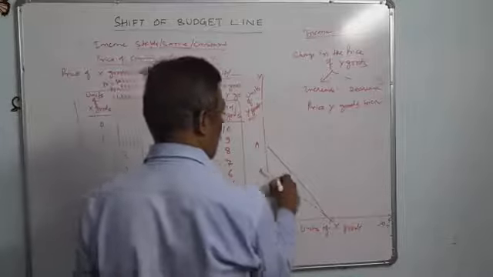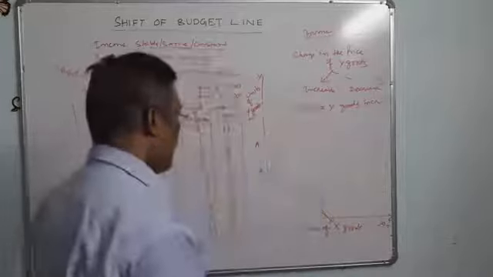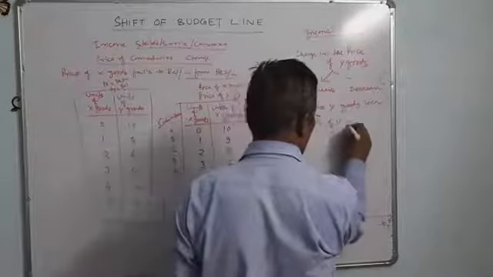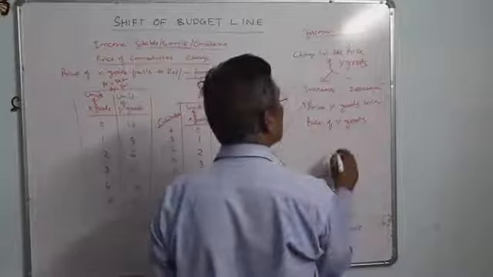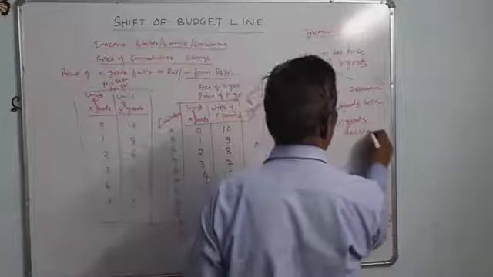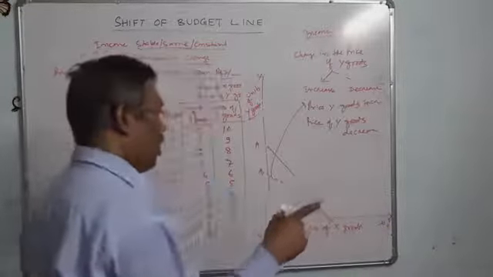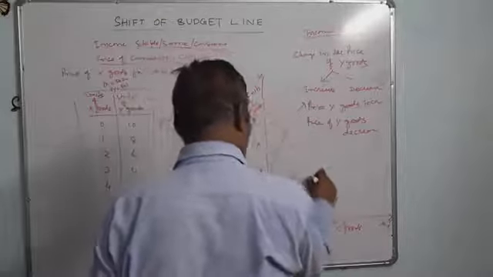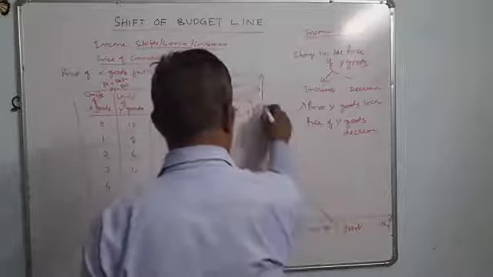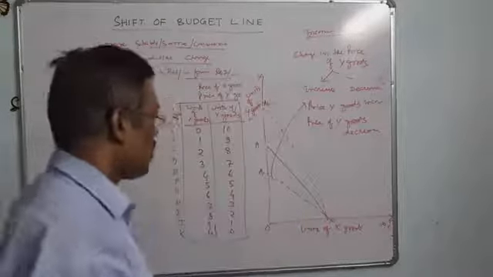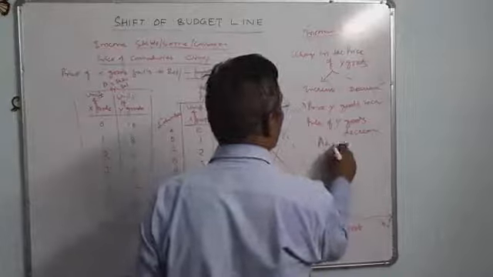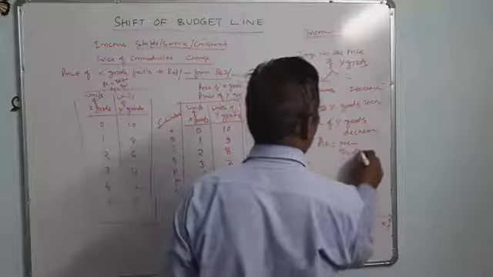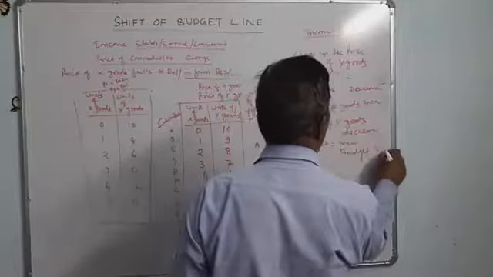If the price of Y goods decreases, the demand for Y goods will be more. So the budget line will be like this. This is A2, so A2F is the new budget line.